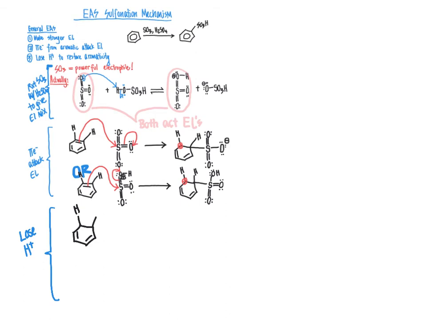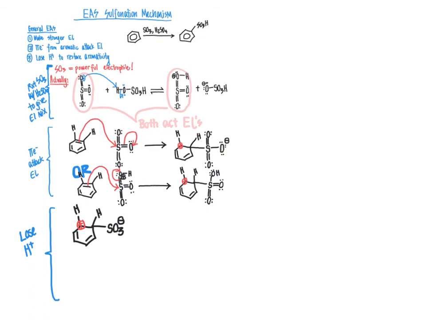So I'm just redrawing the product of the previous step there. And I'm going to abbreviate for now my SO3. I'm going to put that negative charge on there because we had a negative charge right here. So the charge on this is a net negative charge. So that's why I put SO3 minus. I'm putting my positive charge over here on that carbon that only has 3 bonds to it.